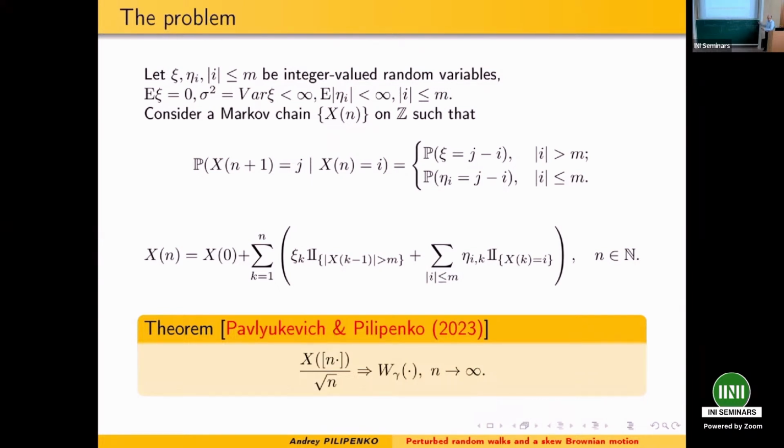Later on, I will formulate a more general result when jumps above and jumps below have different distribution, maybe different variance. They should be mean zero here and here. The interesting question is how to calculate this parameter of permeability gamma. I will also give you a natural formula.